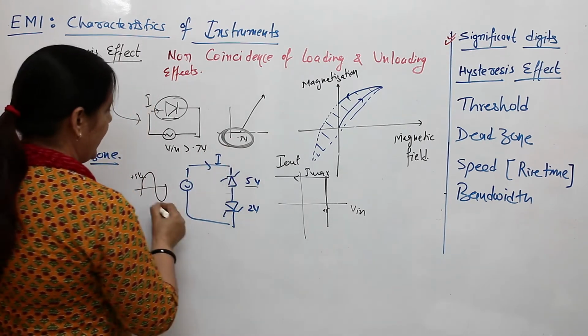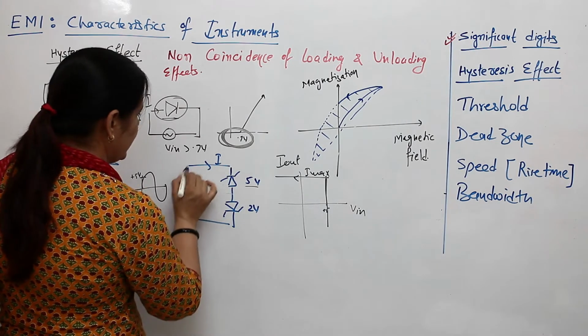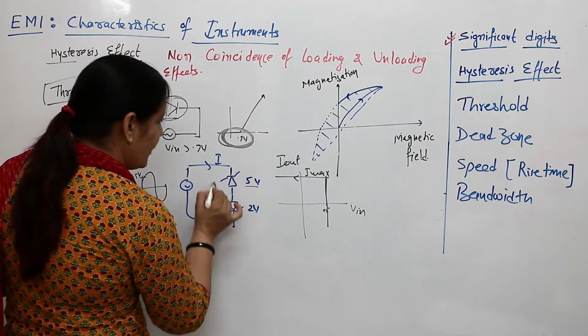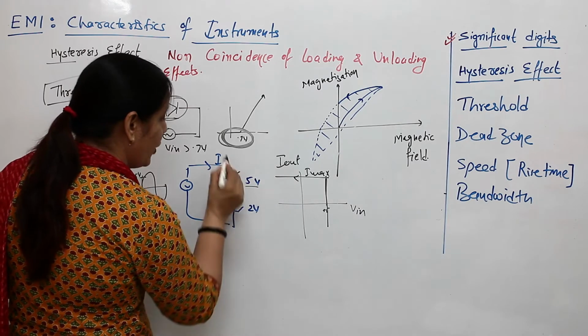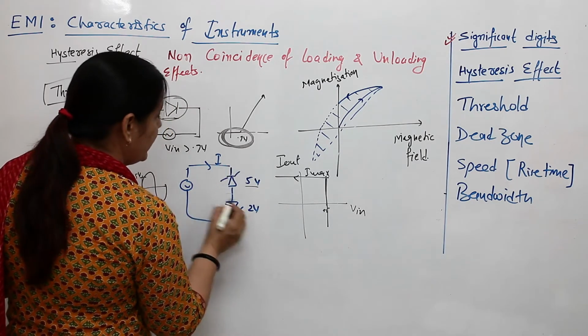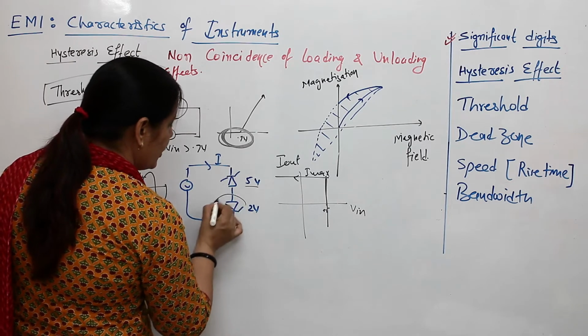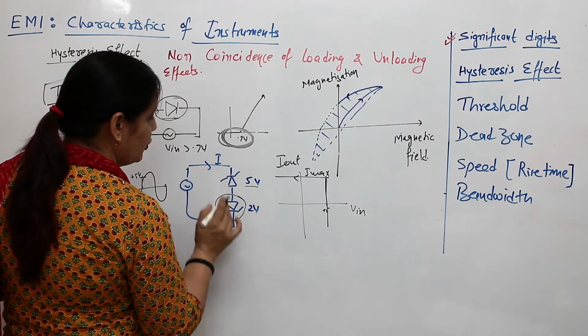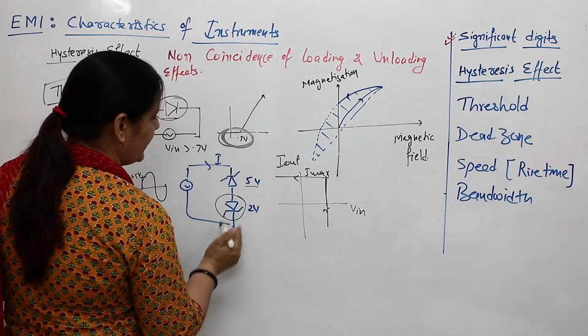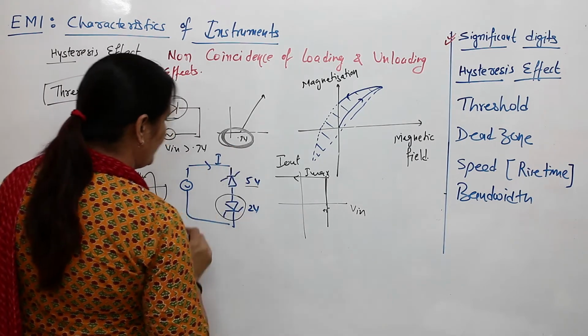And in the second polarity, when your negative polarity signal comes in, this diode is ready to conduct, but this is in the reverse bias and it will not allow the current until it faces 2 volt in reverse bias. When it crosses the 2 volt, it will have a Zener breakdown and allow the current to pass through.